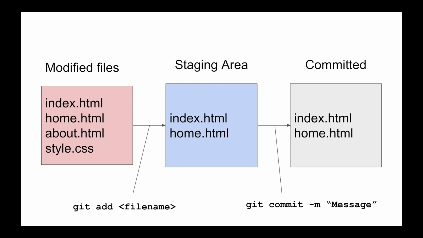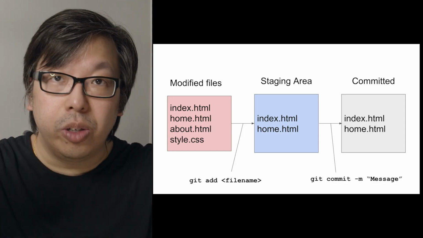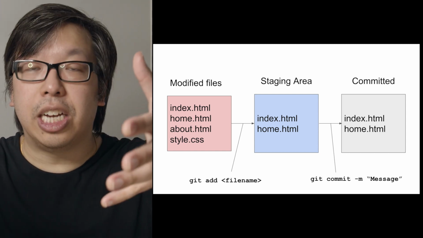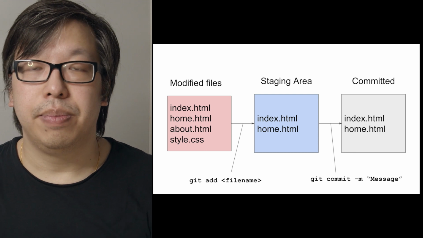You're going to pass in a message to the commit command, and then you specify a message. So that's how you do that. Make code changes, add files to the staging area, record a snapshot of whatever's in the staging area.